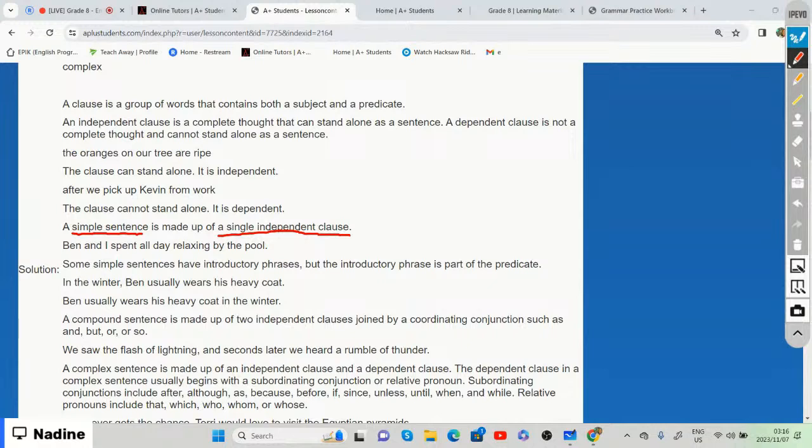And then we have some simple sentences that have introductory phrases. But then again, the introductory phrases are part of the predicate. For example, in the winter, Ben usually wears his heavy coat.